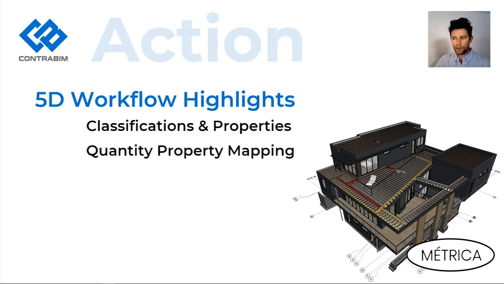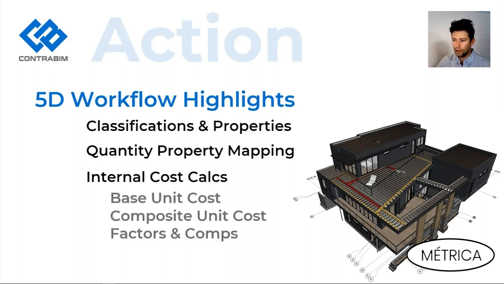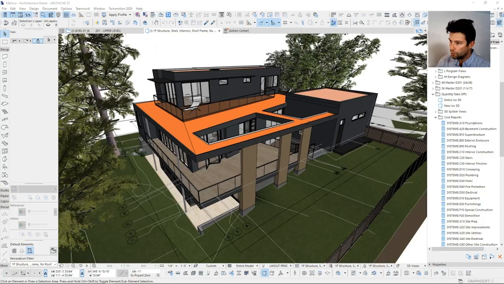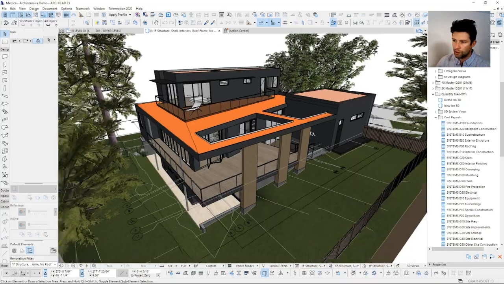We'll also talk about the quantity property mapping, which is really important, as well as the internal cost calculations. We'll take a look at some of those expressions for how this is being done. We'll also review some of the important inputs for base unit costs, as well as how we can build up composite unit costs, how we can adjust these things with factors, as well as get comps on our cost feedback. So, all right, let's jump over now to our sample project.